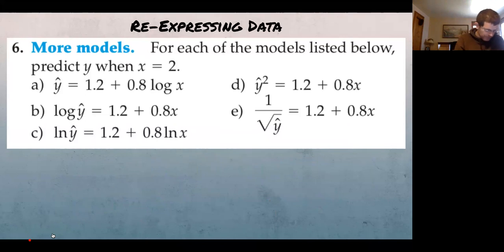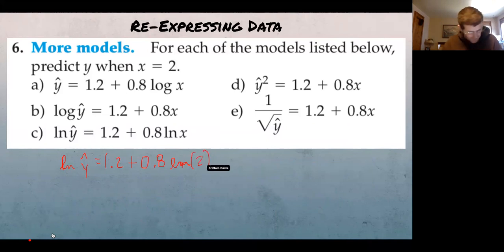Okay, the next one. We've got two natural logs going on. Not a whole lot to it. So natural log of y hat equals 1.2 plus 0.8 times the natural log of 2. There we go.